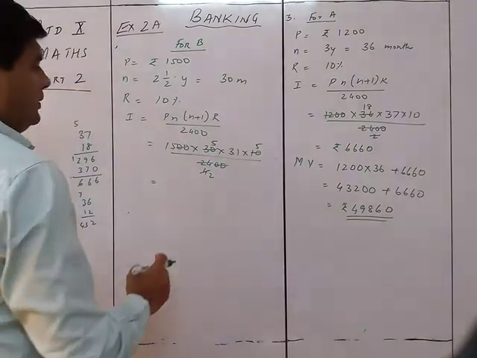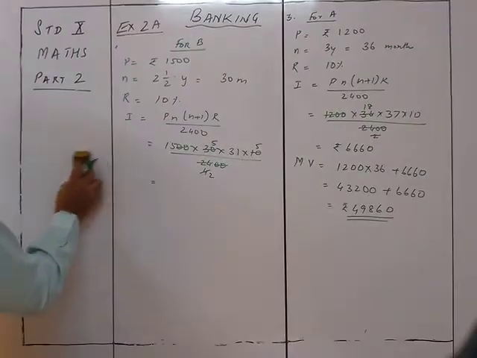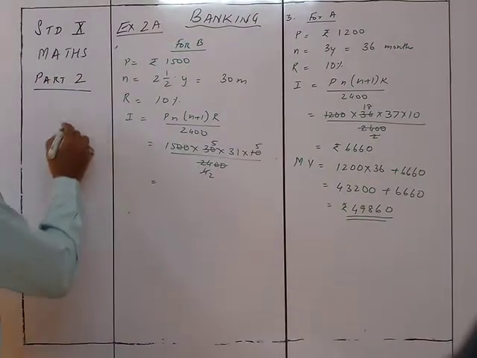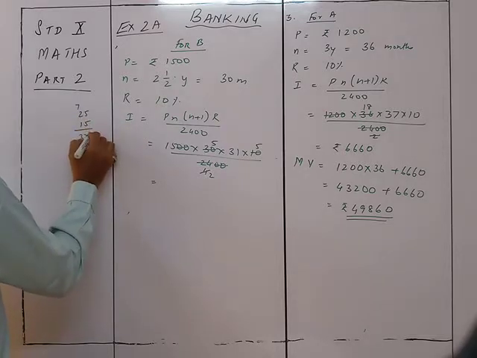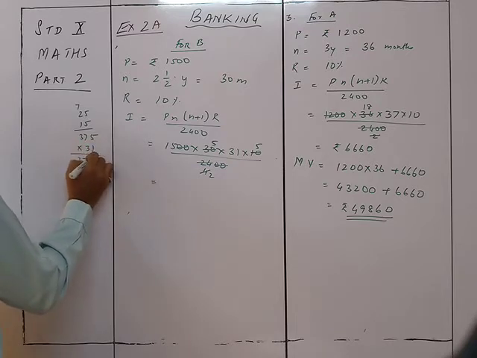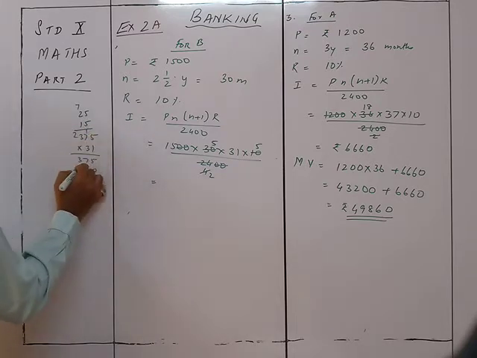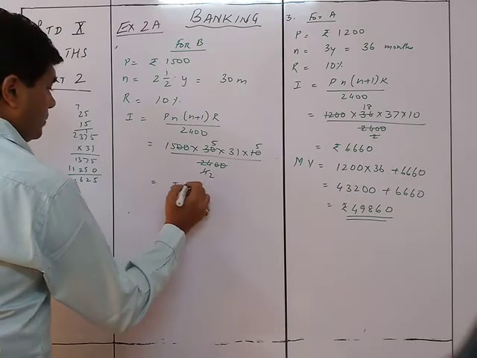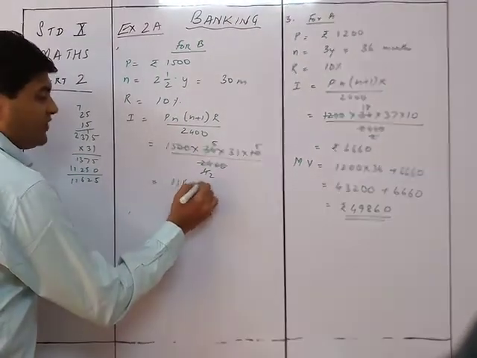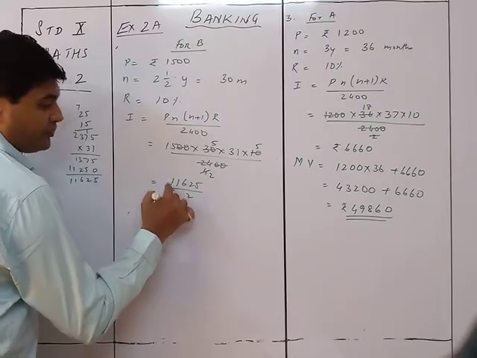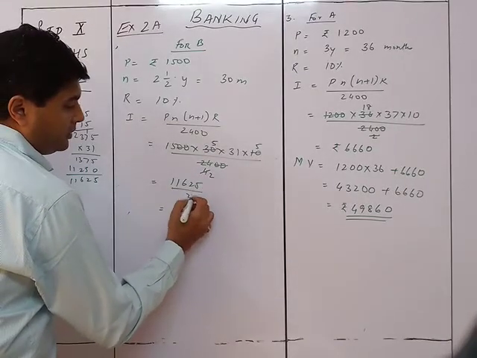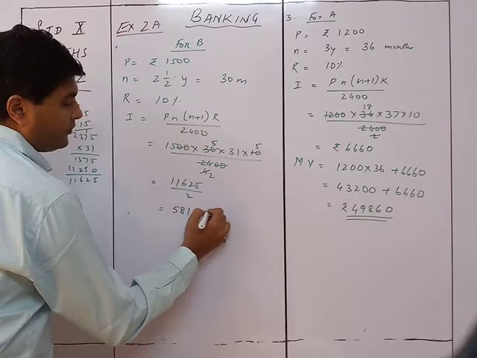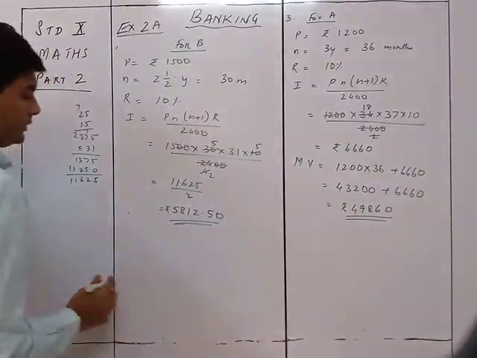So that will be 25 into 15 into 31. 25 into 15 is 375, and 375 into 31 is 11625. So it will be 11625 upon 2, that will be equal to 5812.50.